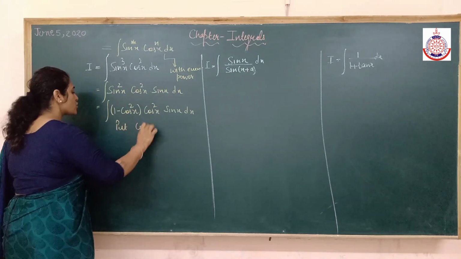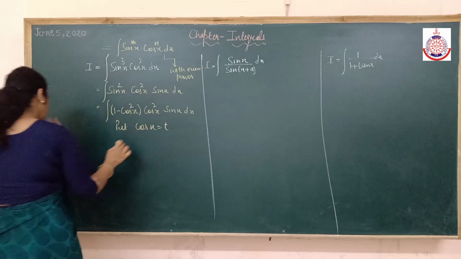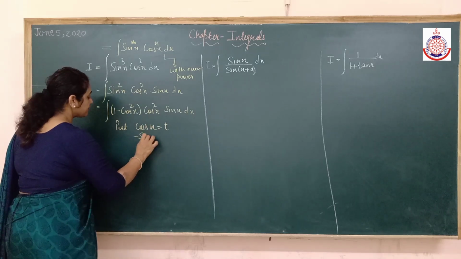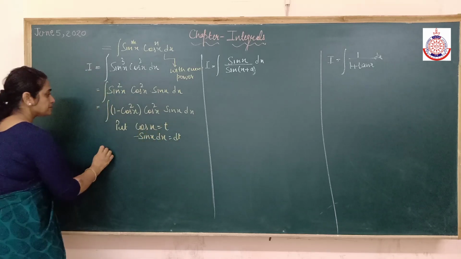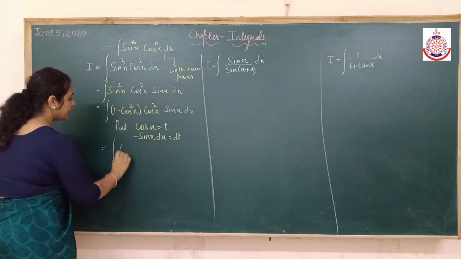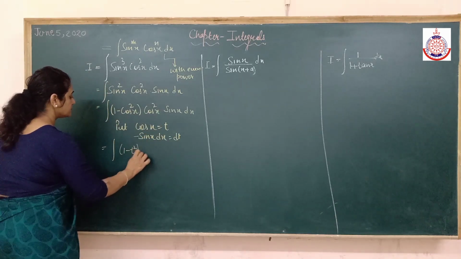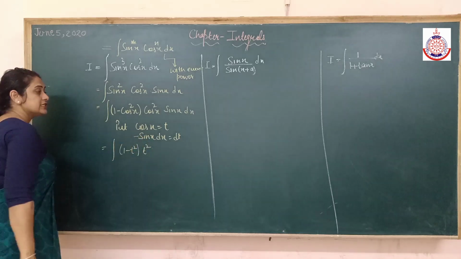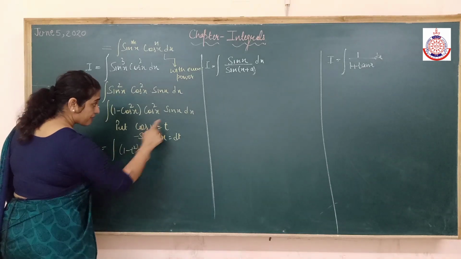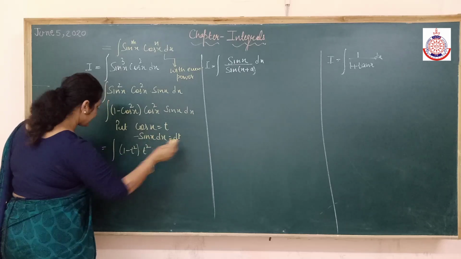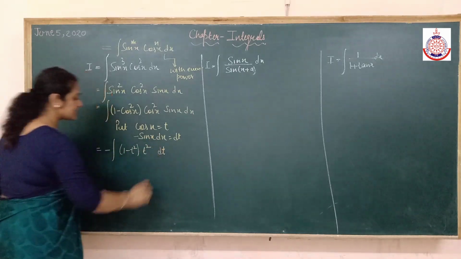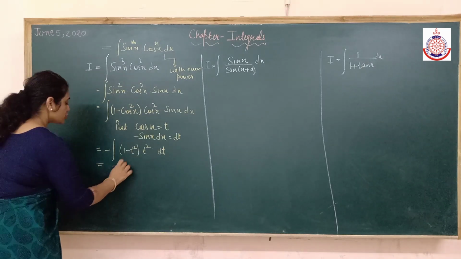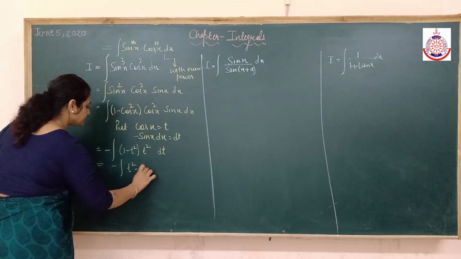So what am I going to substitute? I am going to substitute cos x equals t. Alright. So differentiation, minus sin x dx is equal to dt. So put the value: t square. I don't have a minus here, so sin x dx, the minus will go to that side with dt. So I'll take minus outside. Sin x dx is dt. So multiply inside.